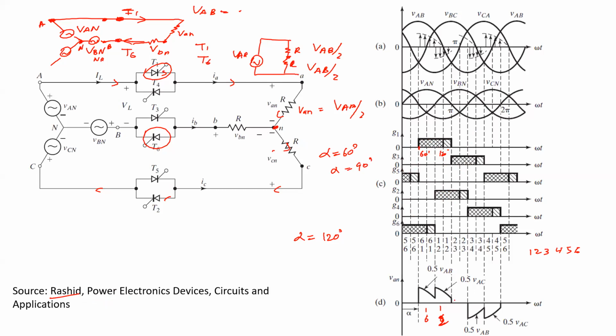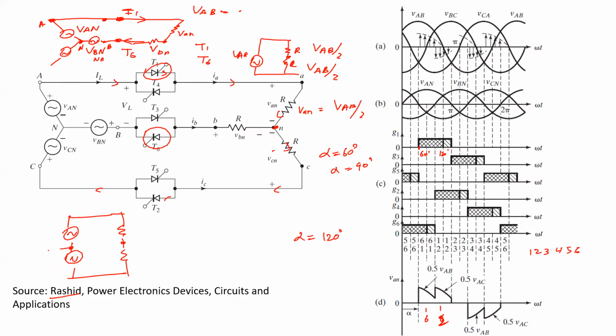I hope everybody understands how this VAB over 2 comes here. It is because when you complete the circuit, it will be something like this. This is neutral from the load side.